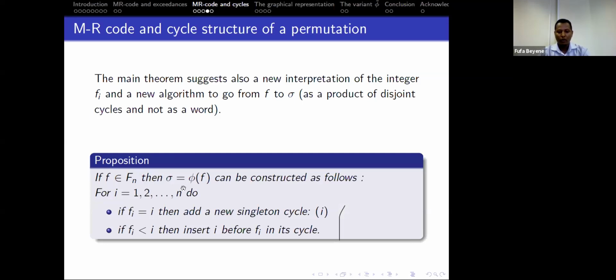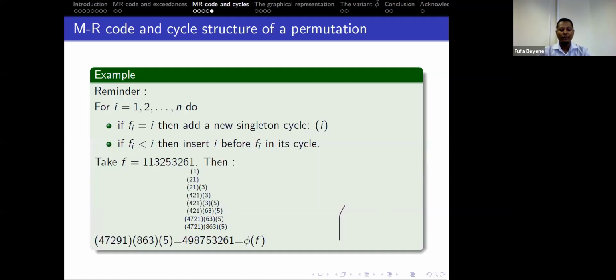Now sigma will be obtained in its cycle representation form. We start with i = 1, 2, 3, up to n in order, and do the following. If f_i is equal to i, then we add a new singleton cycle consisting of i. And if f_i is less than i, then insert i before f_i in its cycle. So doing this for all i, you will come up with sigma described in its cycle form.